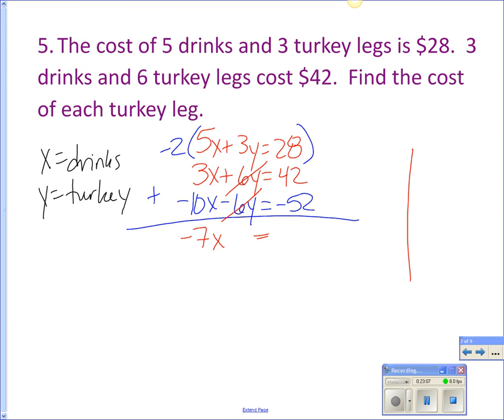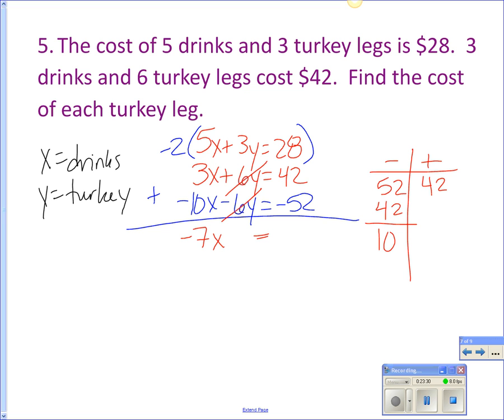Okay, so let's look. 42 is positive, 52 is negative. Do you know what I do next on my chart? You move the smaller one. So you move the 42, and if you move it, you lose it. You subtract them. So what's 52 minus 42? 10. And it is negative.